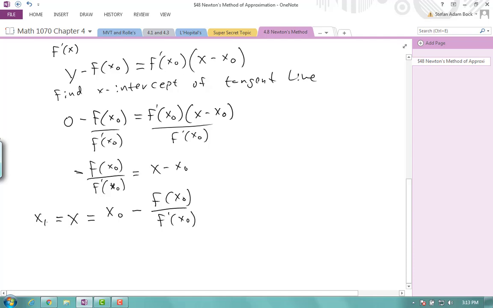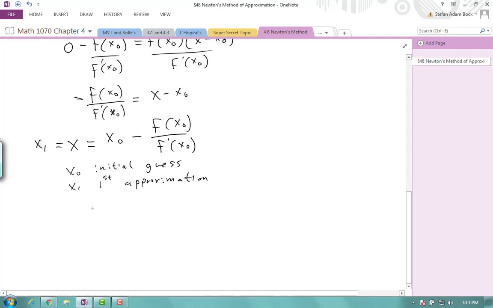So x sub 0 is my initial guess, and I'm going to get a first approximation. But then I do it again. I find a tangent line at x sub 1, which is going to be basically exactly the same process.